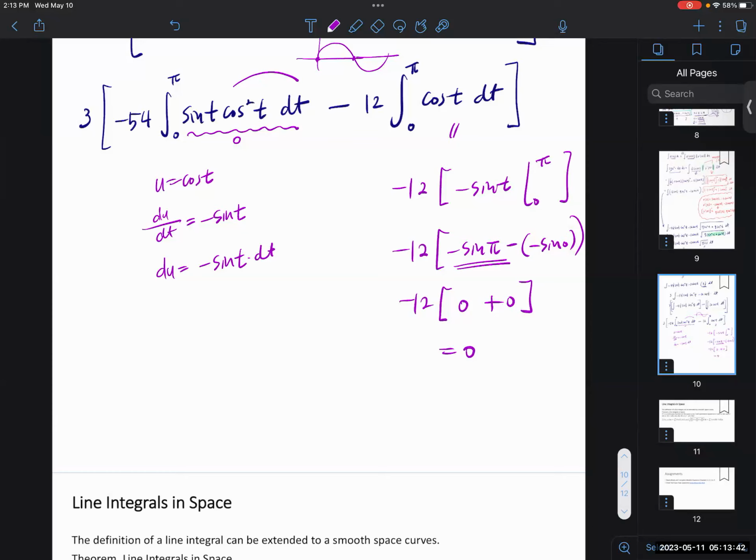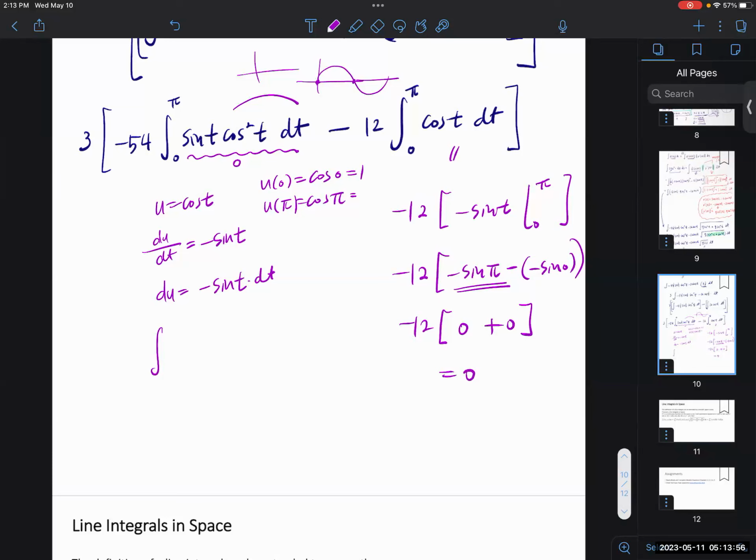Now we have the bounds 0 to pi. So u at 0, cosine 0 is 1. u at pi, cosine pi. So we do have 0 to 1. That's better. And then sine is still there.